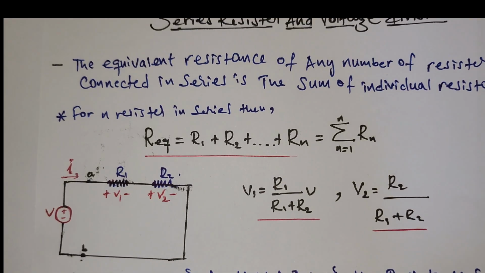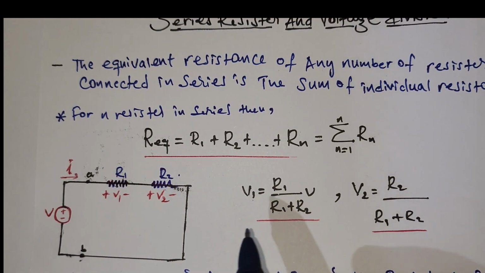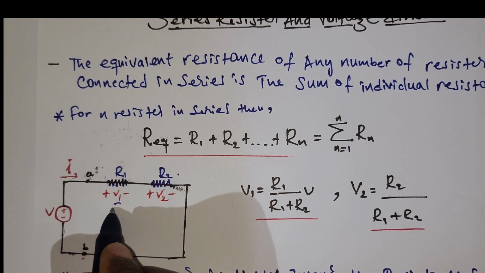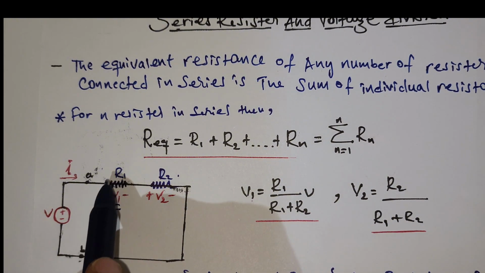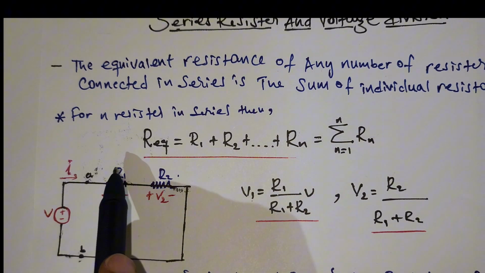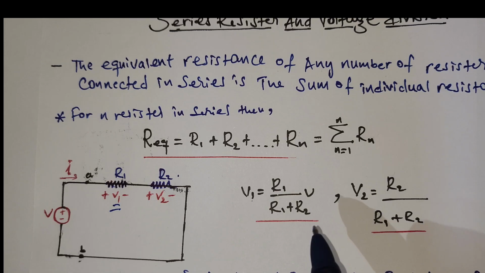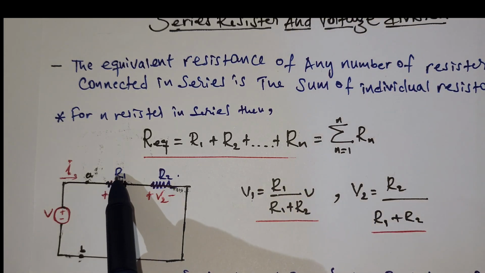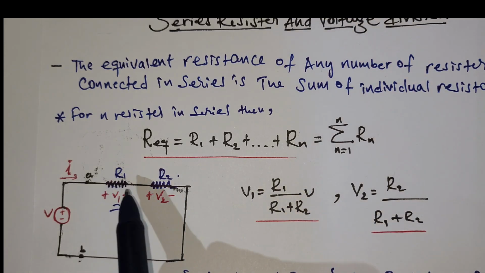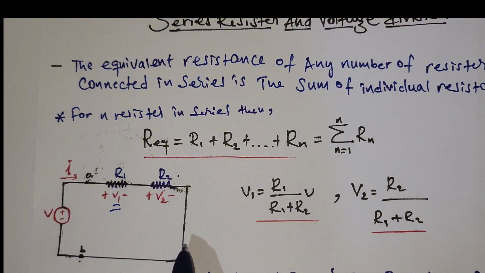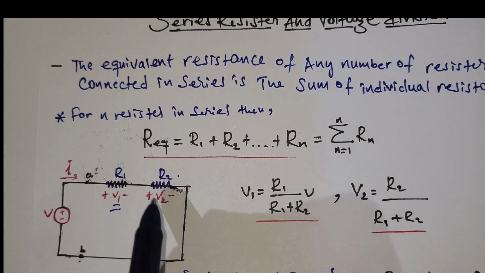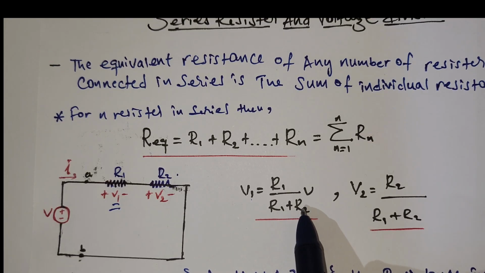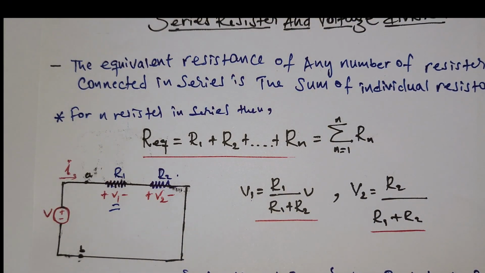As you see, V1 is the amount of voltage dropped across R1. It is calculated by V1 is equal to R1, the resistance value of the resistor, over the sum of the resistors in the loop, R1 plus R2. For this circuit, we have 2.